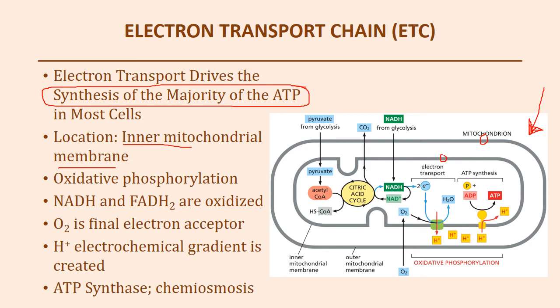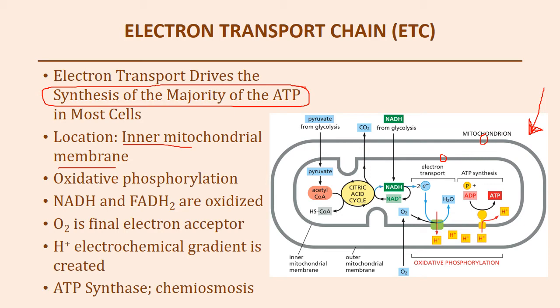And what we're going to see here is that within the inner membrane, we set up a series of electron carriers that are embedded within it. As we pull in all the NADH and FADH2 molecules generated in the other two steps, we allow them to remove their electrons, and these electrons pass through the chain in a series, exchanging between acceptors and donors.